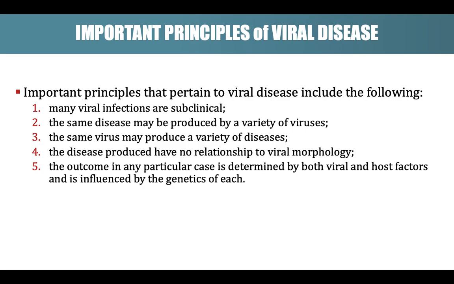And then the important principles. Now we move to important principles of viral disease. Important principles that pertain to viral disease include 5, which are: the first one is many viral infections are subclinical. Remember just now, subclinical means no symptoms. The second one, the same disease may be produced by a variety of viruses. The third one, some viruses may produce a variety of diseases. And fourth, the disease produced has no relationship to viral morphology.